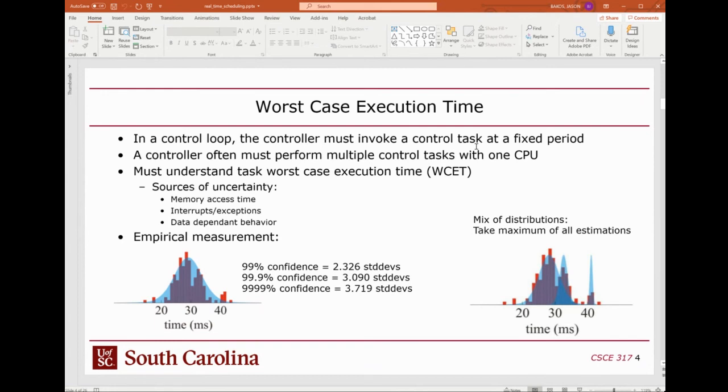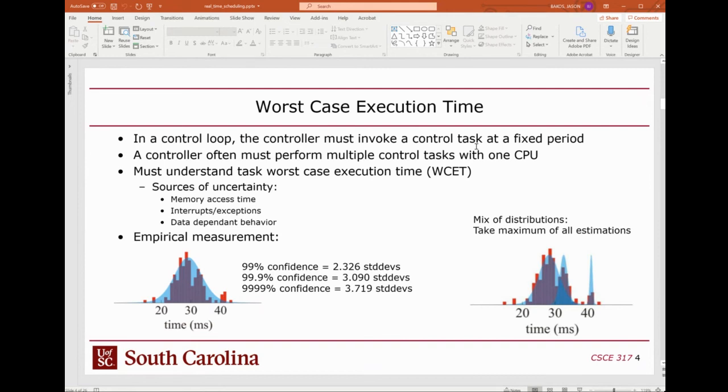Your memory access time changes, especially when you're running multiple parallel tasks that may pollute the cache between context switches. It's very hard to predict the memory access time.